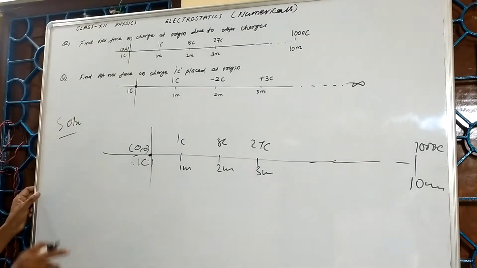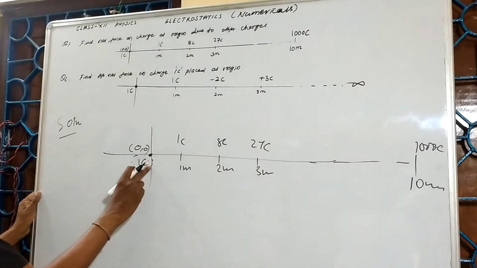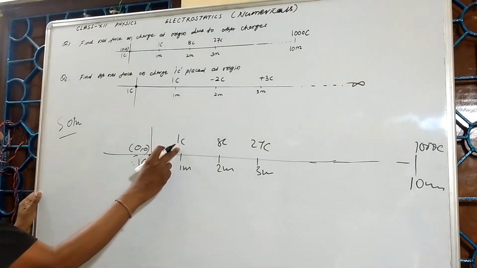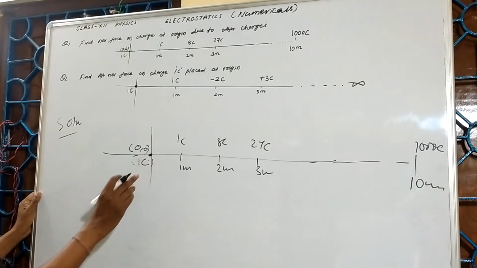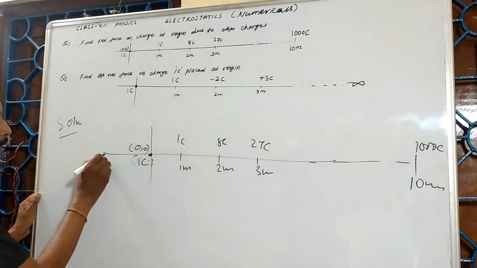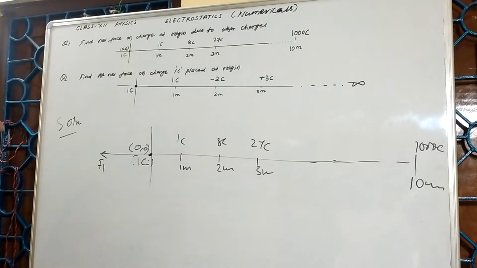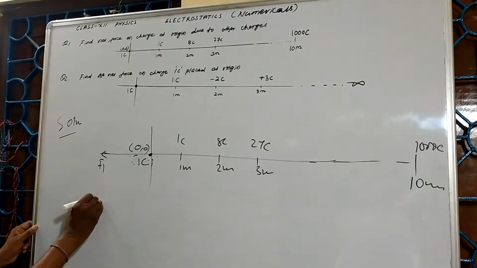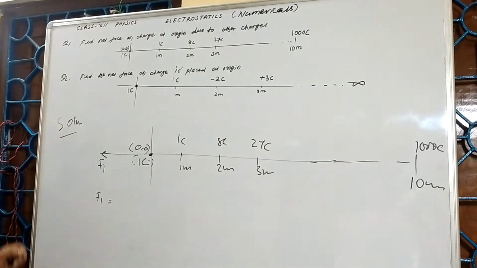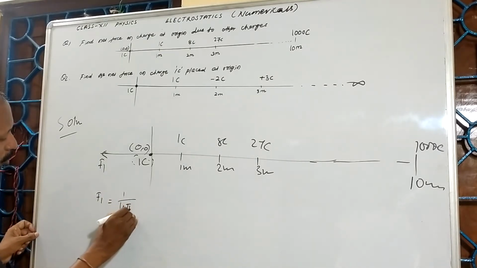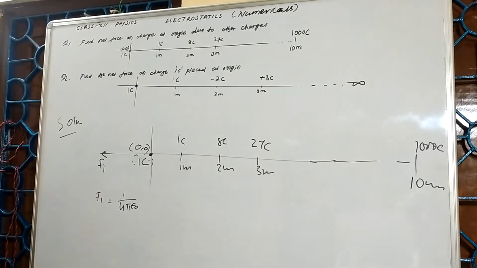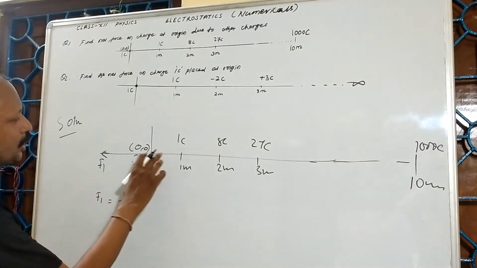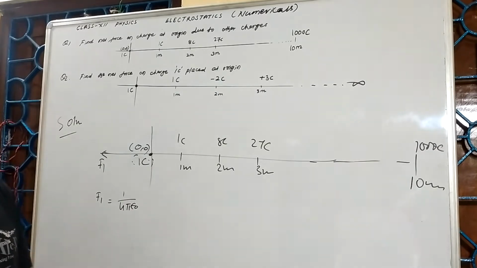Now let us see the force on the 1 coulomb charge due to this 1 coulomb charge, which is at a distance of 1 meter from the origin. So definitely the force will act this way. So I can say that F1 is equal to, according to Coulomb's law, 1 upon 4 pi epsilon naught Q1 Q2 by R square.